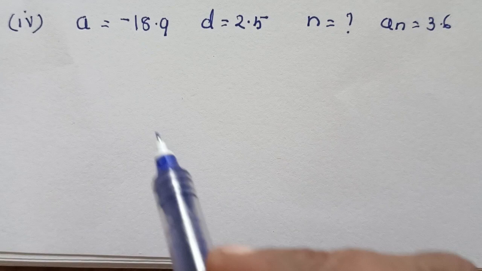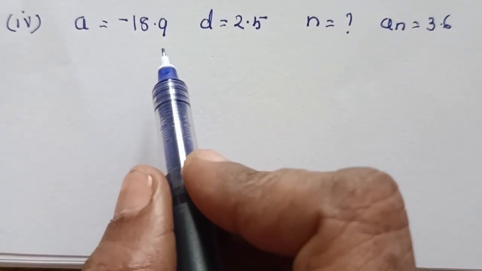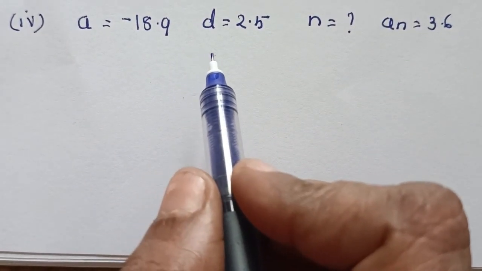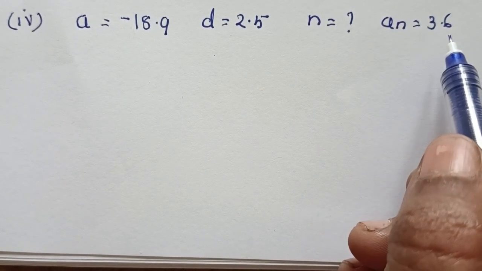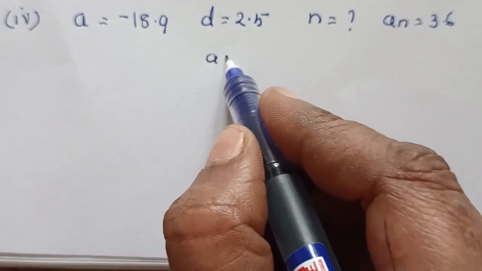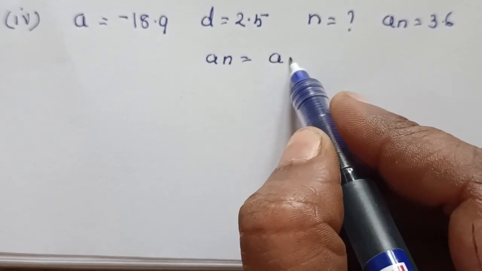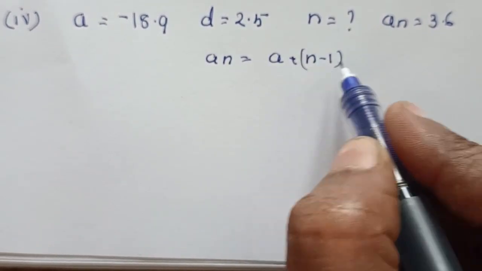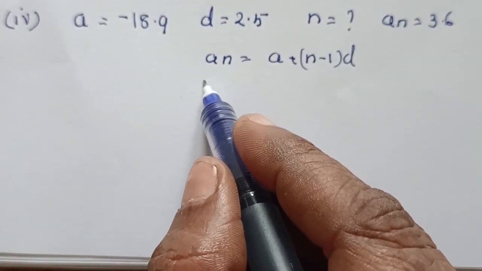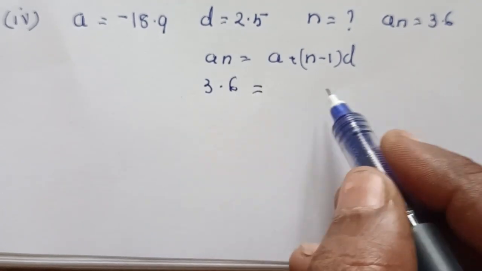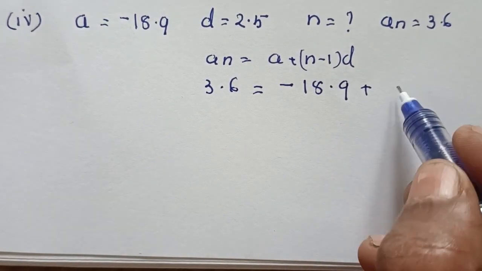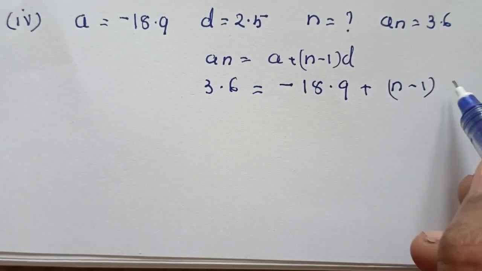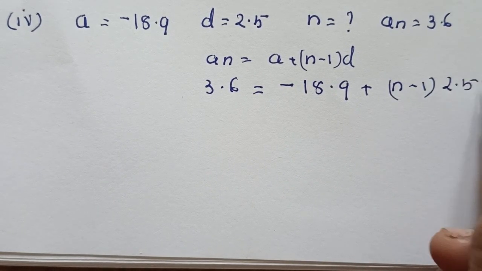Fourth question, a equal to minus 18.9, d equal to 2.5, n we have to calculate, an equal to 3.6. an equal to a plus n minus 1 into d, that is 3.6 equal to a, it is minus 18.9, plus n minus 1 into d equal to 2.5.